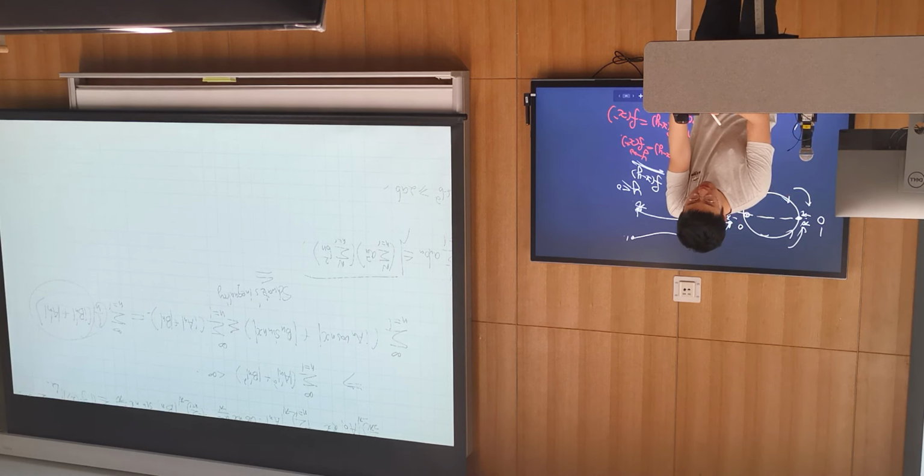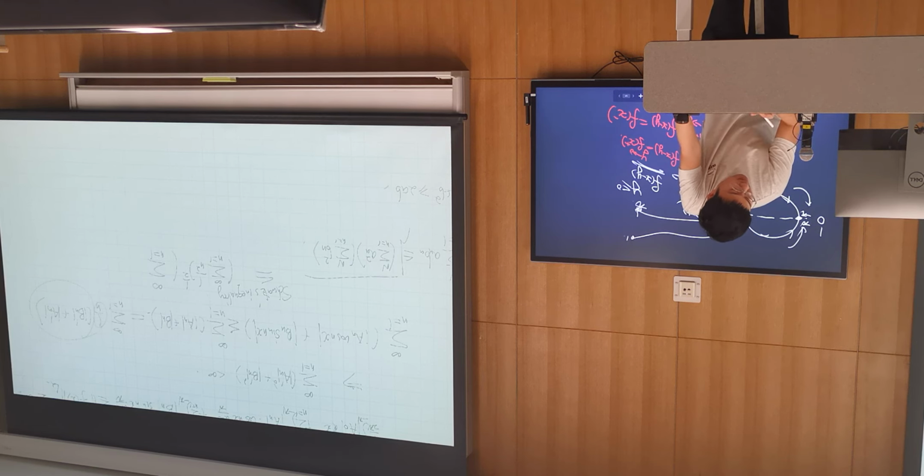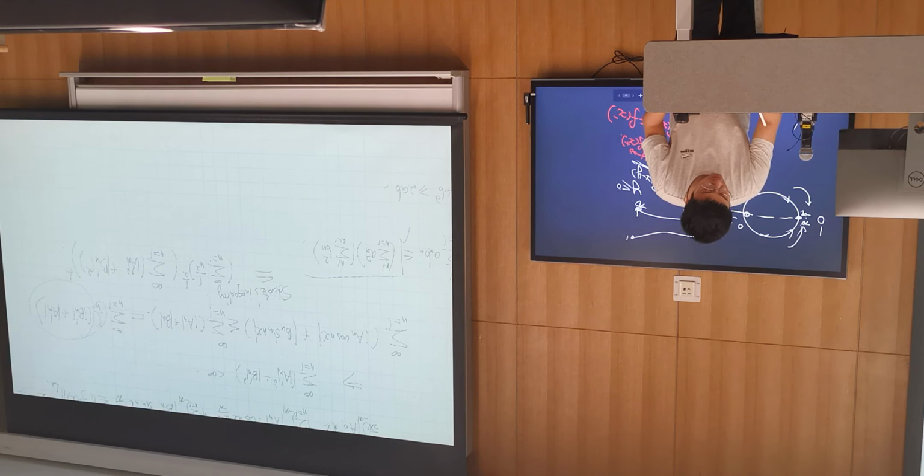By the Schwarz inequality, this will be smaller or equal to, first of all, the sum from n from 1 to infinity of 1 over n squared, to the power 1/2, multiplied by the sum from n from 1 to infinity of an squared plus an prime squared plus bn prime squared, to the power 1/2.